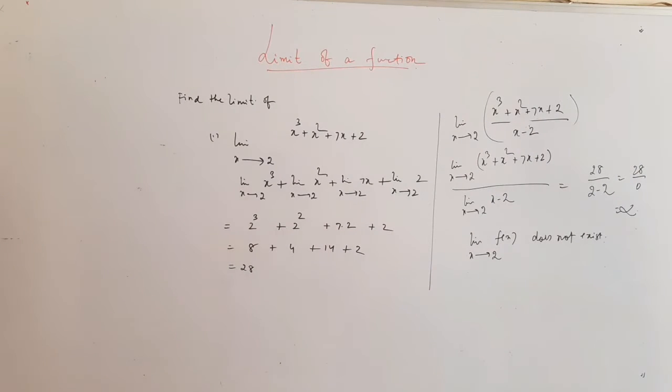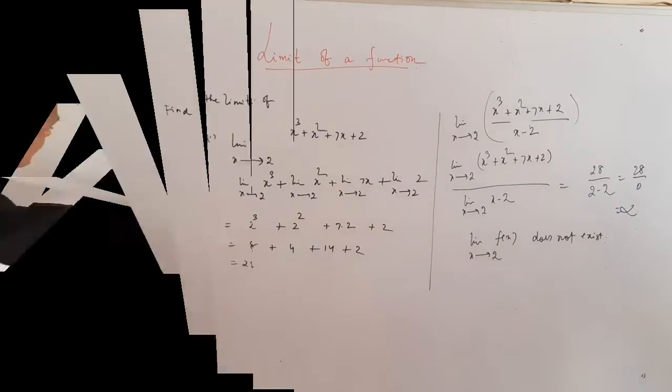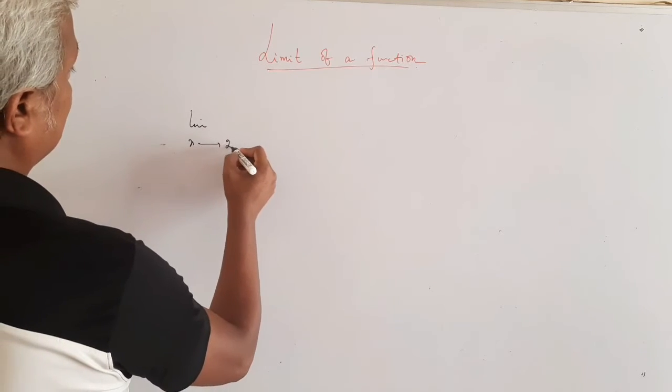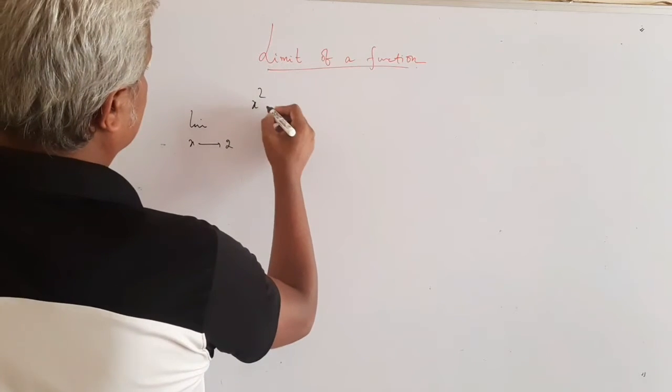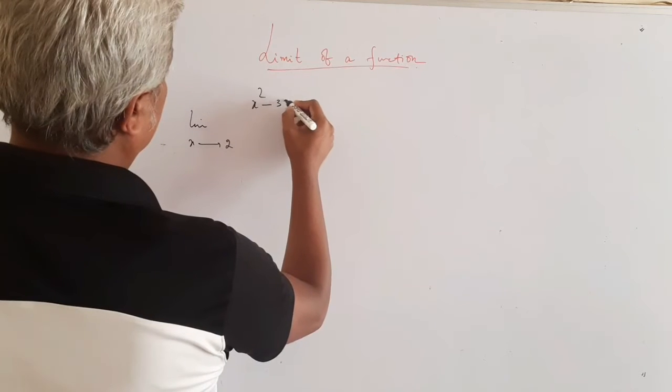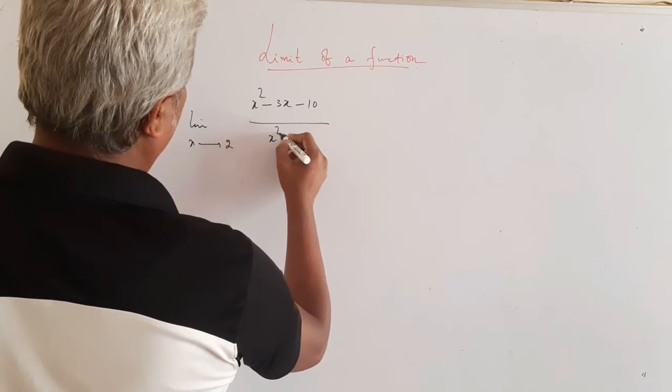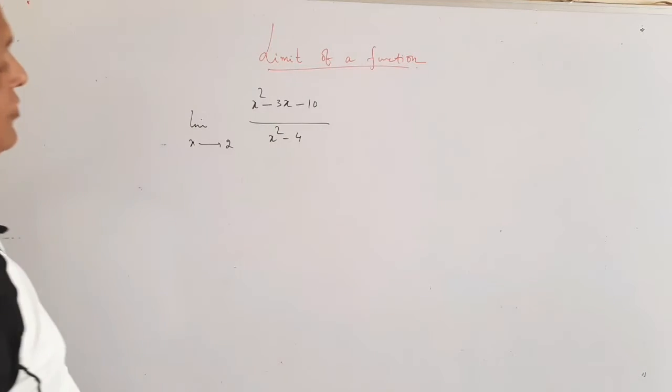Now there is another type of case, and that we'll discuss just after clearing this. Now let's take another example. Limit x tends to 2, and then I write x square minus 3x minus 10 upon x square minus 4.